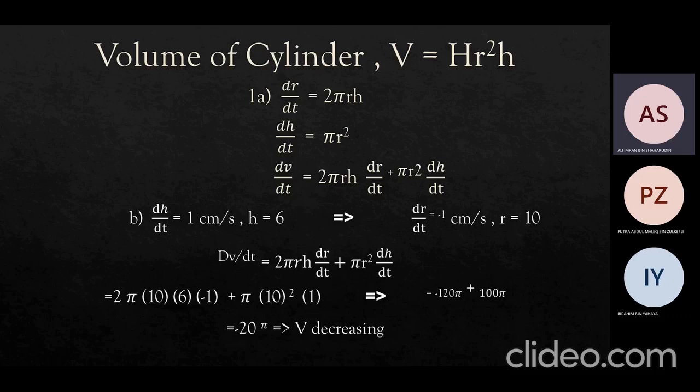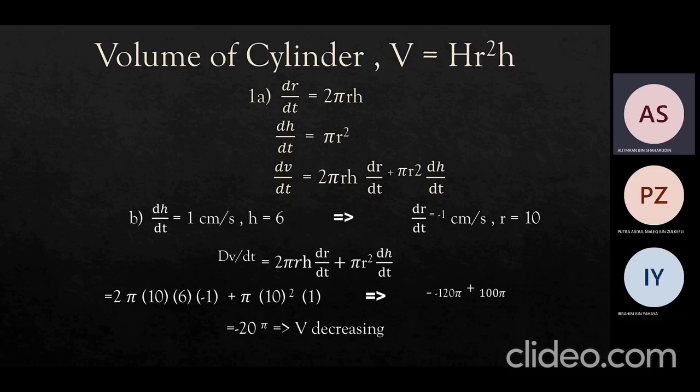So just substitute the information: 2 pi, the radius is 10, the height is 6, and dr/dt is -1, plus pi times the radius squared, which is 10 squared, and dh/dt is 1.